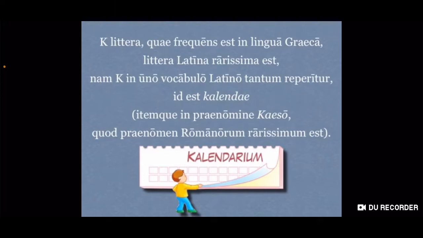And also in the praenomen Caeso, that is the rarest Roman praenomen, the rarest praenomen of the Romans.